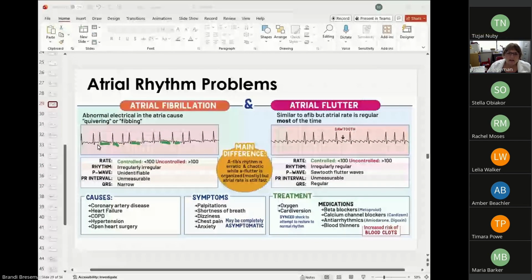So, here's the problem. In real life, if you had a patient that had a rhythm like this, you would find the two beats that are closest together, measure the squares between them, and get your heart rate. And then you would measure the pair that's furthest apart, count your squares, and get your heart rate.